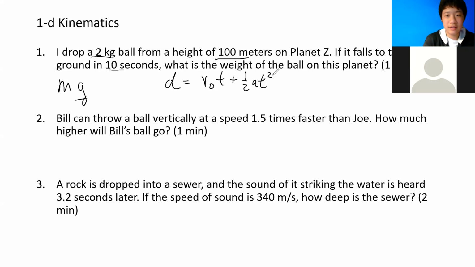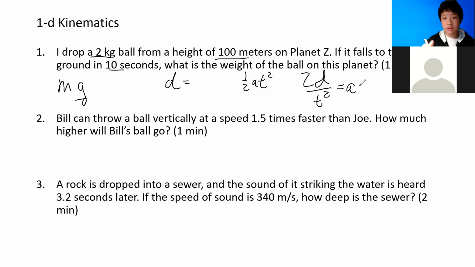So in this case, v0, it's just being dropped. So v0 is nothing, 0. So we can just eliminate that essentially. So now we have d equals 1/2 at squared. To solve for our acceleration due to gravity, we'll just move everything to the other side. So it'll be 2d over t squared. That's our acceleration.